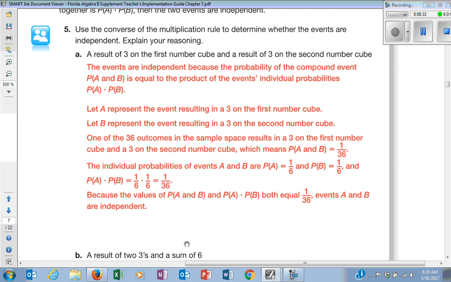Now, what's the chances, what's the result of 2 3s? 1 out of 36. What are the chances of a sum of 6? You have to look at your chart and you're going to have to count. 5 out of 36.